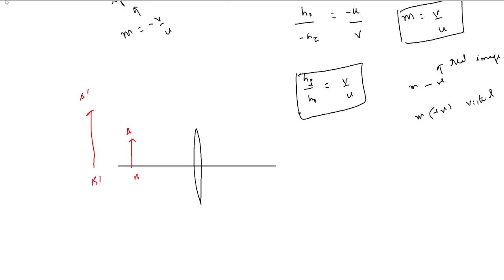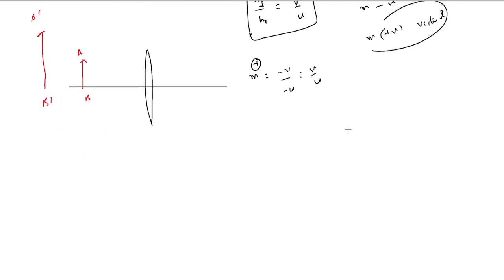We put it back here in the equation, then M would be, in this case both U and V are negative, it becomes minus V by minus U, which becomes just V by U. So it basically means M is positive. So positive means a virtual image. Again, M could be equal to 0, M less than 1, M equal to 1, M more than 1, and M tends to infinity. So these are the possible values of M. Thank you.